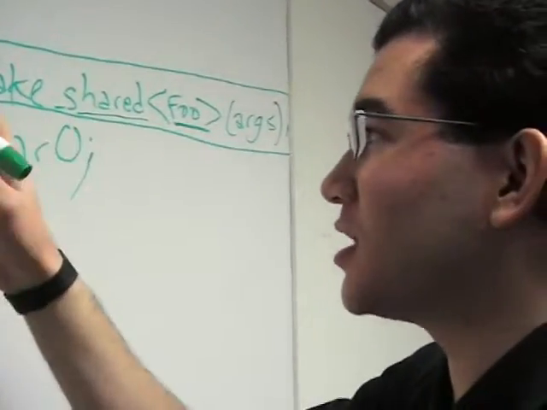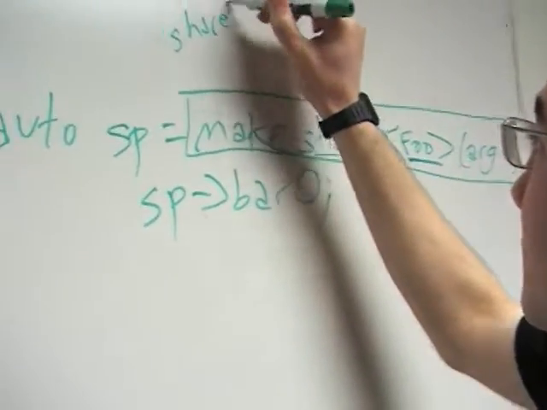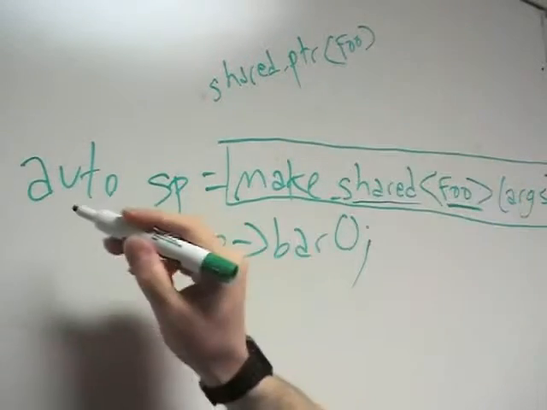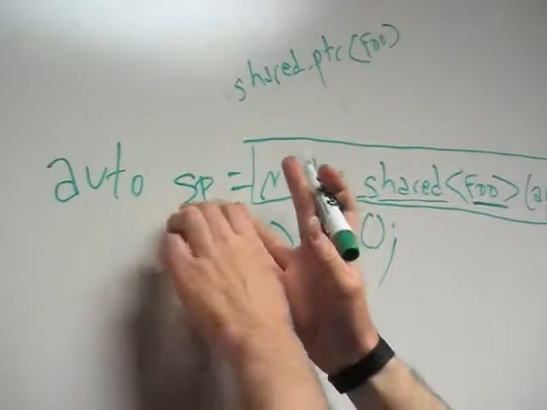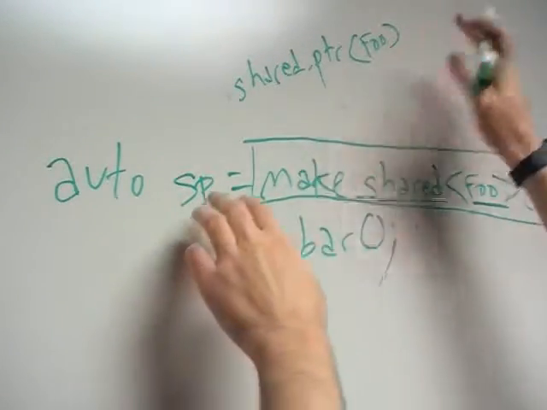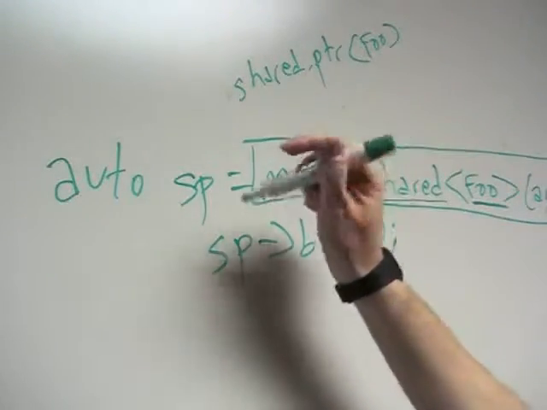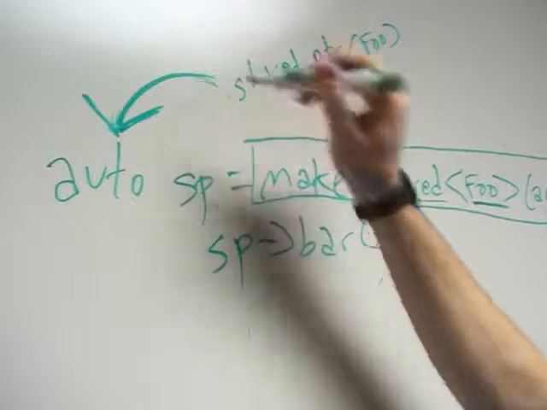And then the return type of this guy is shared_ptr<Foo>. This auto keyword is a C++0x feature that says, make the type of this variable the same as whatever initializes it. So because make_shared returns a shared_ptr<Foo>, the type of this guy is shared_ptr<Foo> as if you had written that by hand.